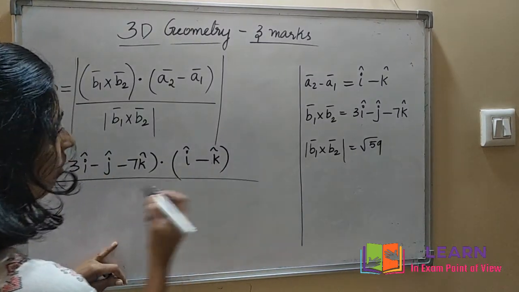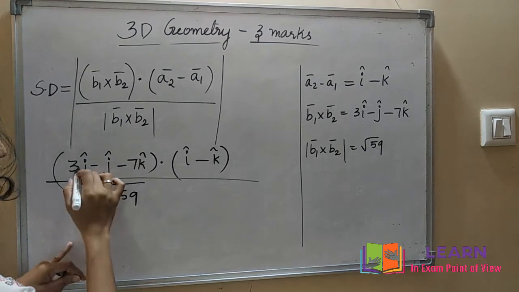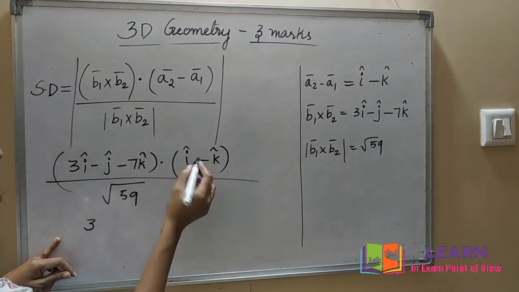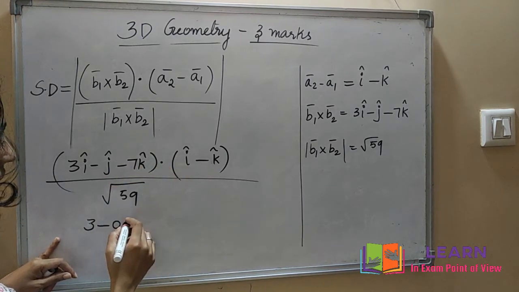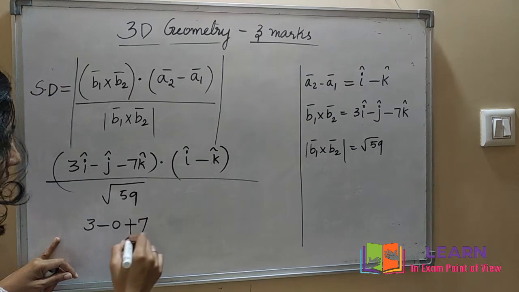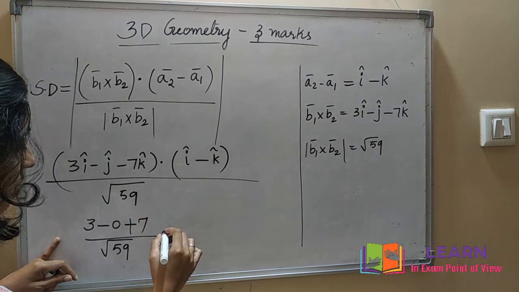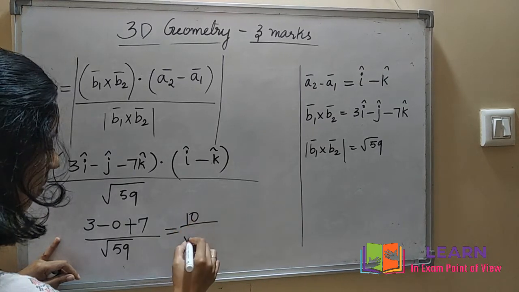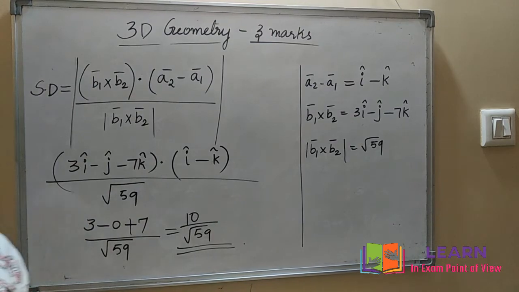Whole divided by root 59. Take the dot product. 3 into i, 3. There is no j term, so minus 0. Then minus minus plus 7, right? By root 59. So 7 plus 3 we have 10 by root 59. This is the shortest distance.